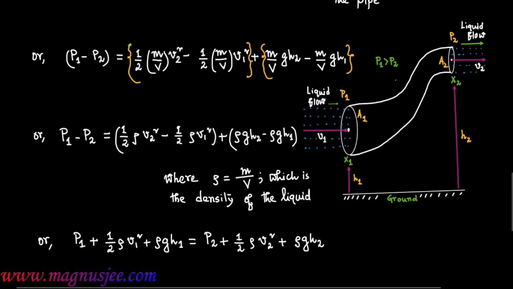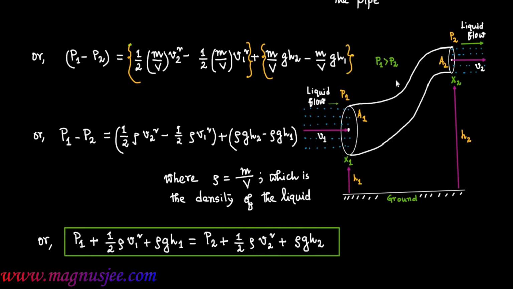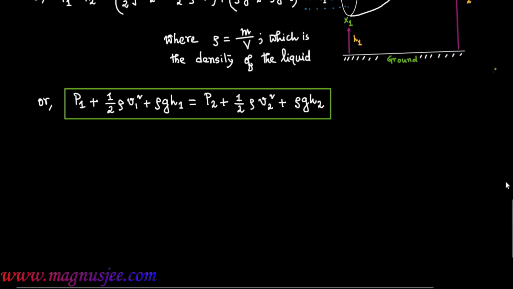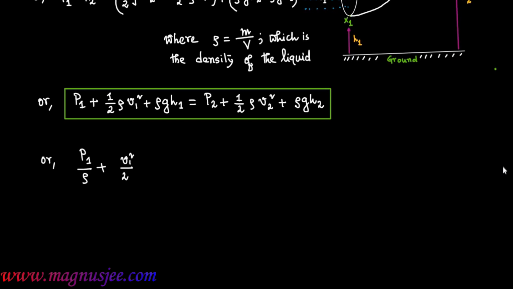So this is the expression of Bernoulli's theorem, and we get P1 plus 1 by 2 rho v1 square plus rho g h1 equals P2 plus 1 by 2 rho v2 square plus rho g h2, or P1 by rho plus v1 square by 2. So this is the expression of Bernoulli's theorem and hence proved.